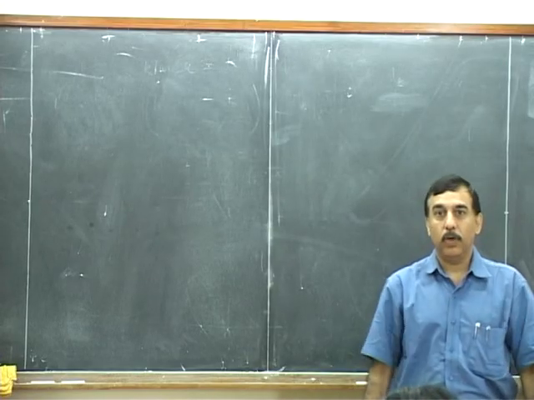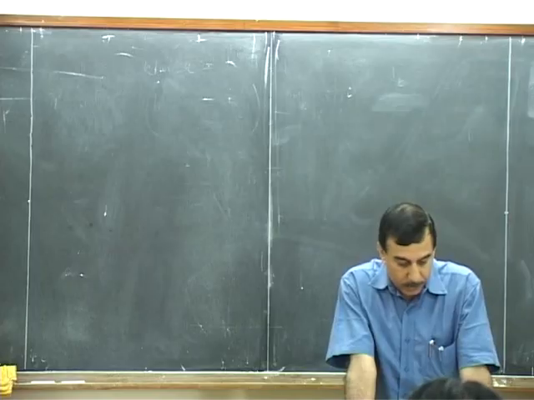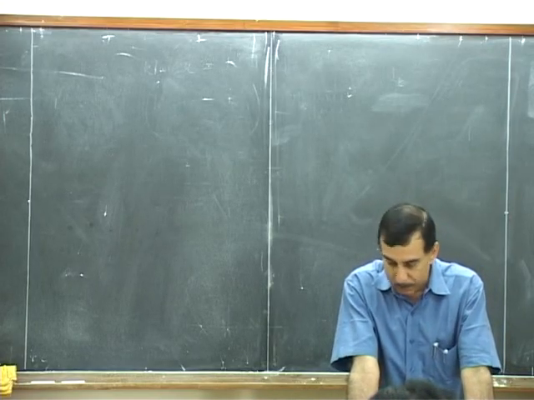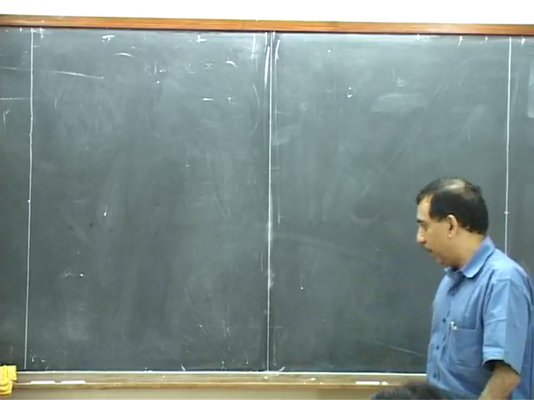Now, before I start on what I want to discuss today, let me just make a little comment on something I did last time and had a very useful question at the end of it.